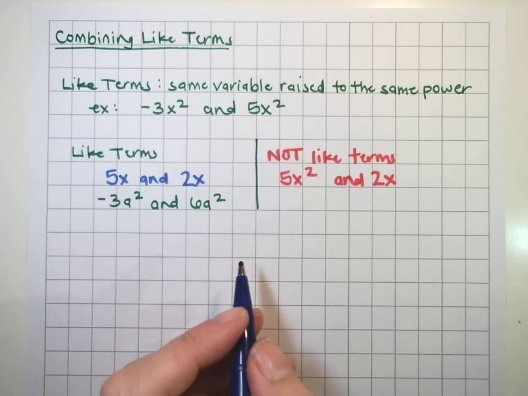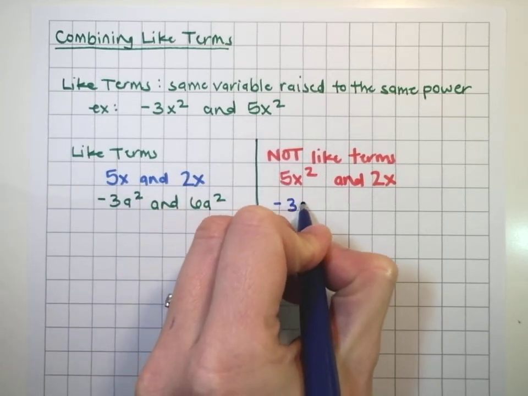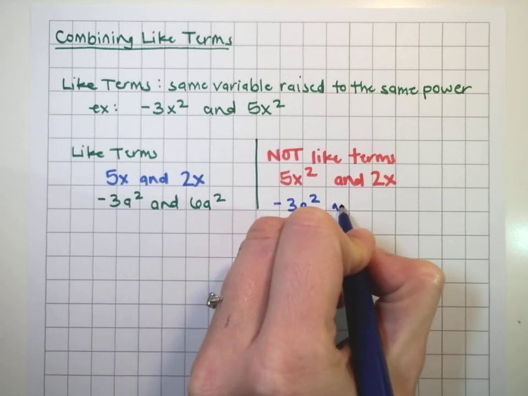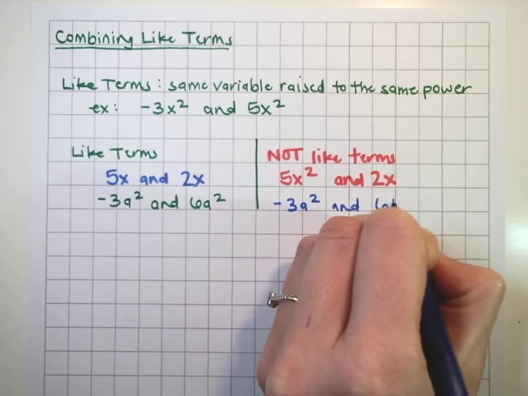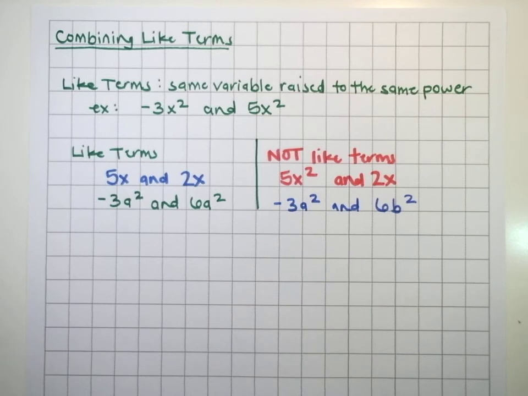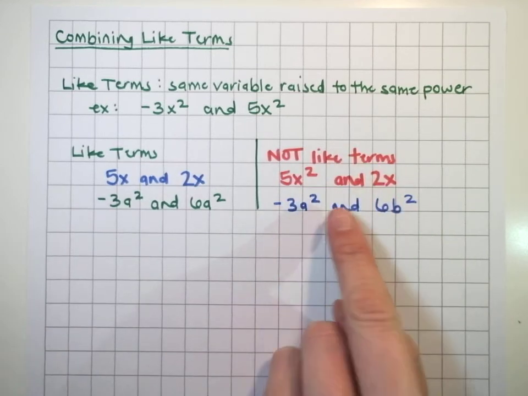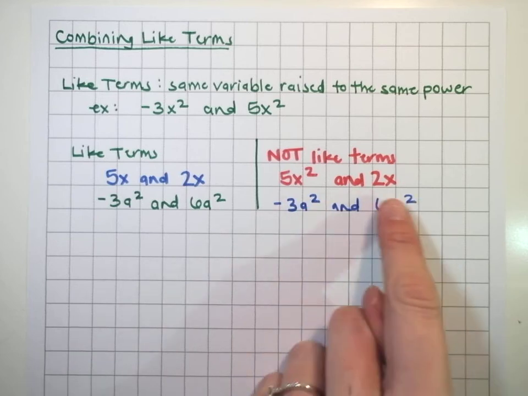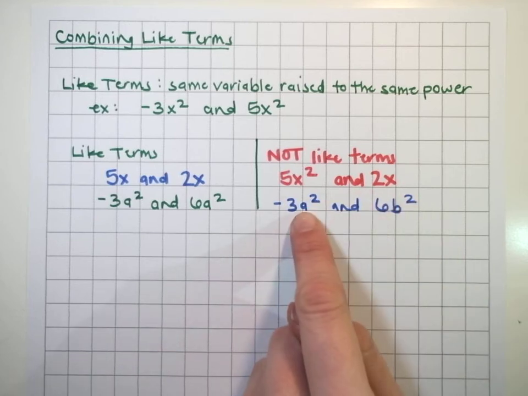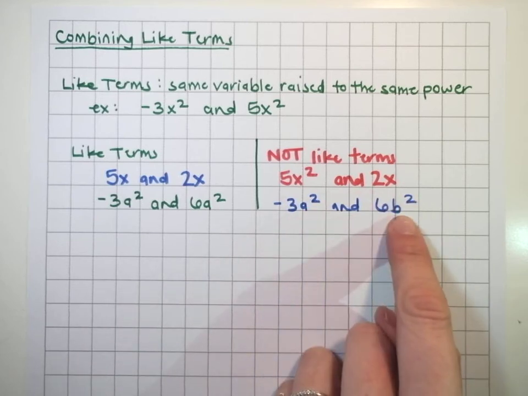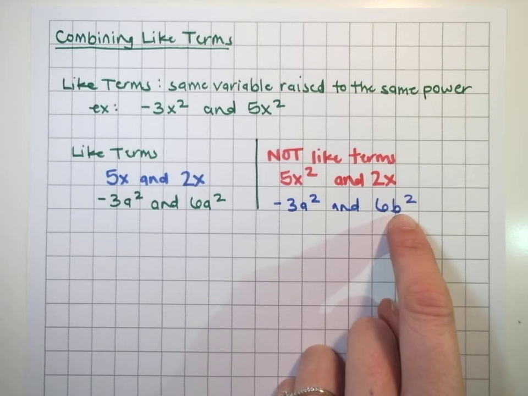Now, if we had negative 3a squared and 6b squared, those would fall under not like terms because they have different variables. They have the same power of 2, but this variable is an a and this variable is a b. So they are not like terms.